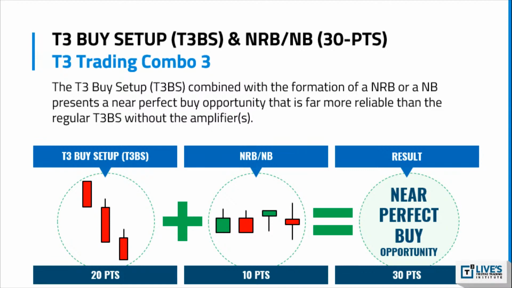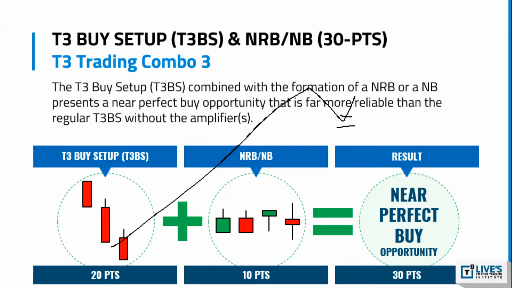All right? So of these four, which one do I really like the most? If I was sure about this setup, and I didn't need a lot of amplifiers, then I would say the smaller the bar, the better, because then I can have a lot of shares.